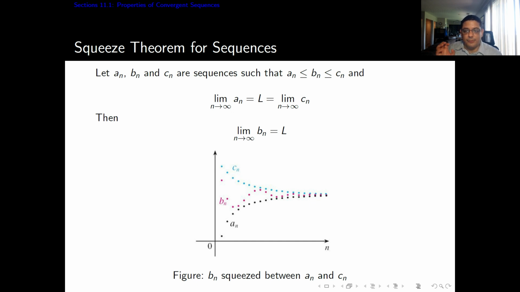We can see this in this picture: b_n is being squeezed by a_n and c_n, and because a_n and c_n are going to this limit L, b_n is also going to that limit L.